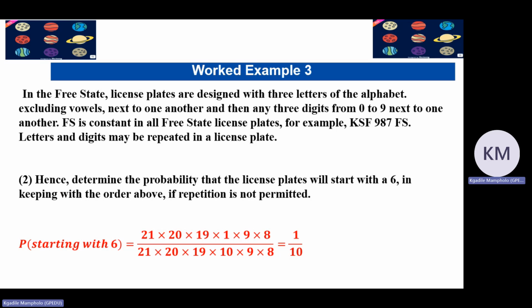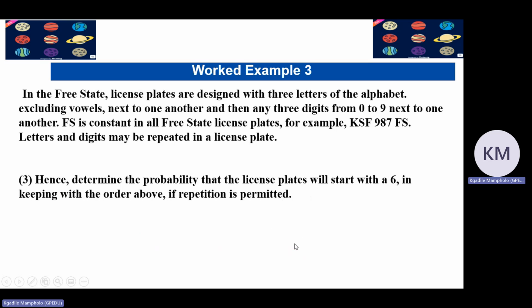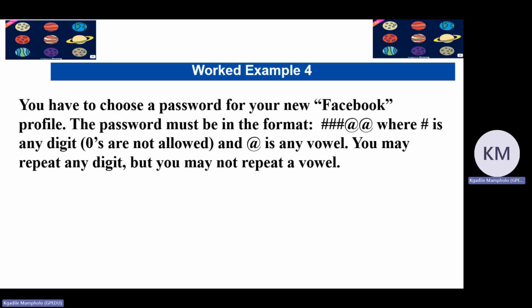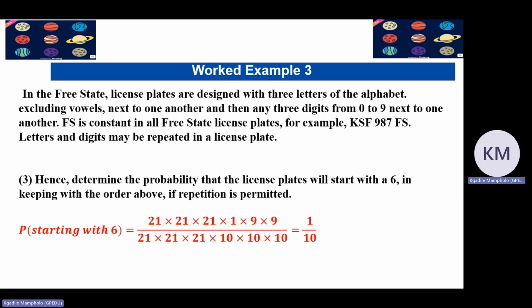Choosing the third digit, you'll be choosing out of 8. Then you divide by the total. Remember, following the order, the total will be 21 times 20 times 19 times 10 times 9 times 8, because order is when you use all the digits as the statement says. So then the answer will be 1 over 10.